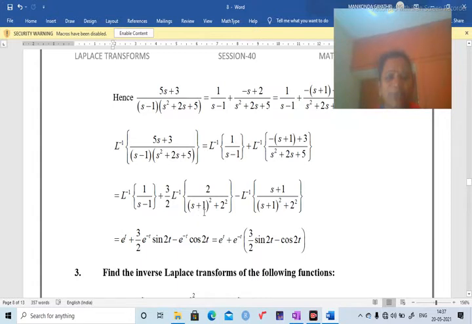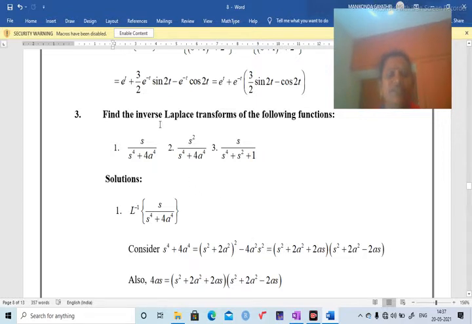Here plus 1 is there, that means e power minus t. The remaining L inverse of 2 by (s square plus 2 square) is sin 2t. Minus, here plus 1 is there, this can be written as e power minus t, L inverse of s by (s square plus 2 square), that is cos 2t. Okay, observe, e power minus t is common in these two terms. Take common, then we are going to get the L inverse of the given function.